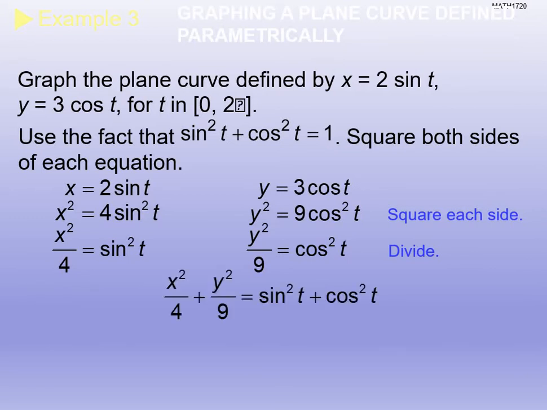So we can actually write this as x squared over 4 plus y squared over 9 is equal to sine squared t plus cosine squared t, which is equal to 1. So our final equation here is x squared divided by 4 plus y squared divided by 9 is equal to 1.